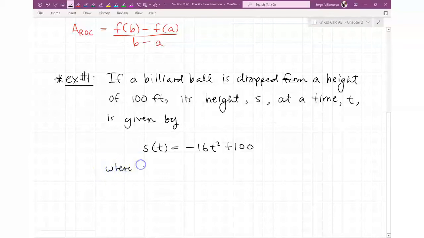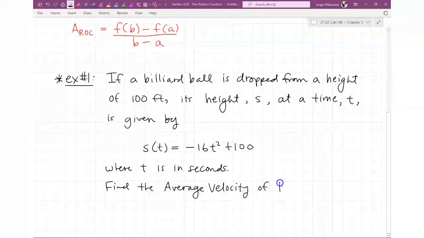So what I want to do is find the average velocity of the ball over the time interval 1 to 2.